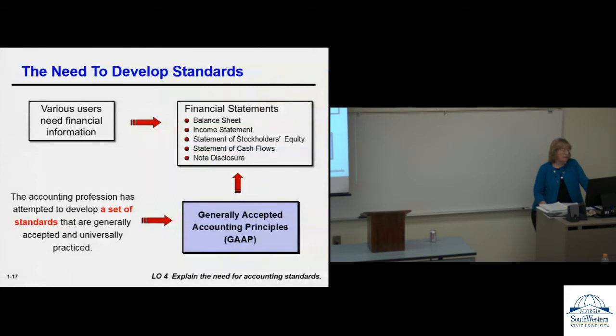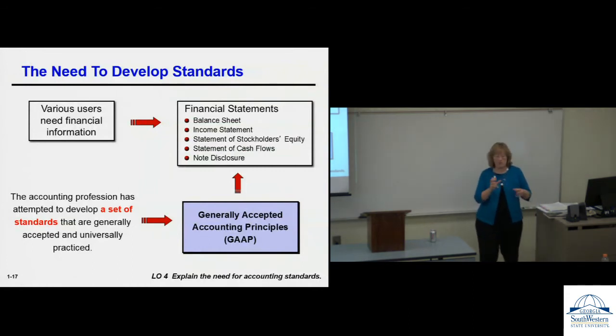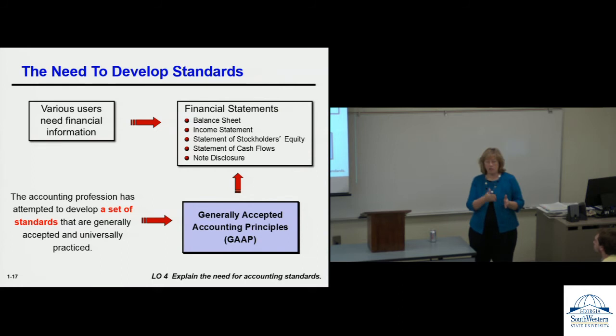Okay, so in order for the information to be useful for the people that are using it, investors need to be able to look at the financial statements and tell little details about how they were created. And they need to know that they were done according to some kind of criteria.